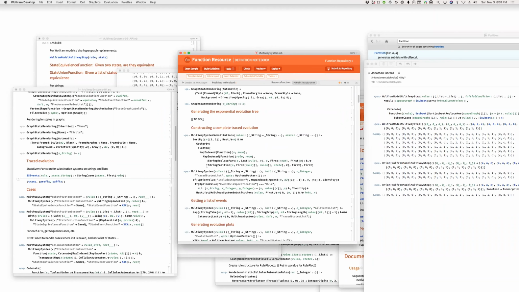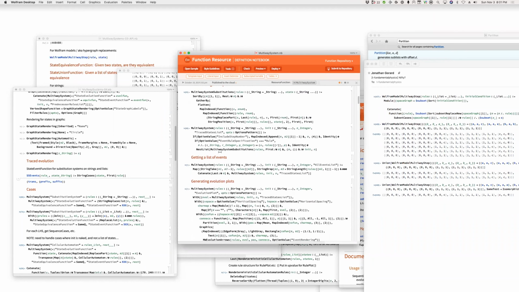I had a version of this code, and then Max wrote this version.